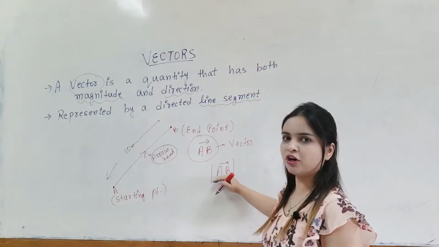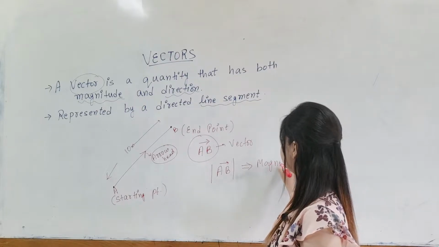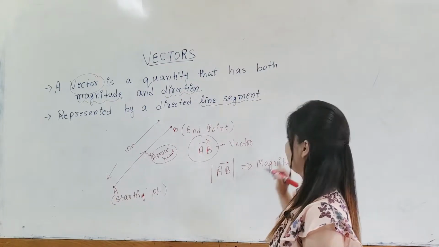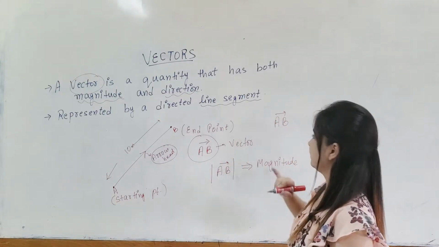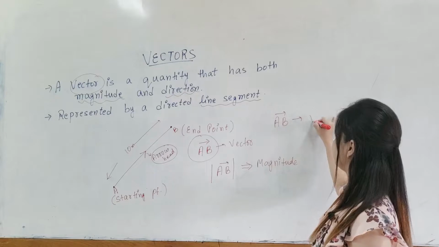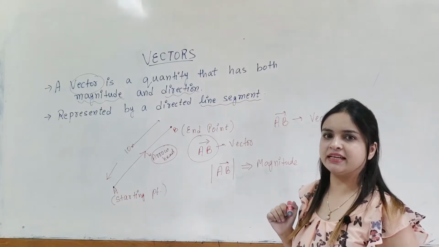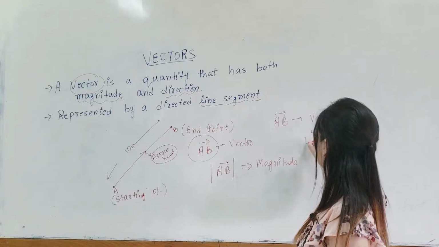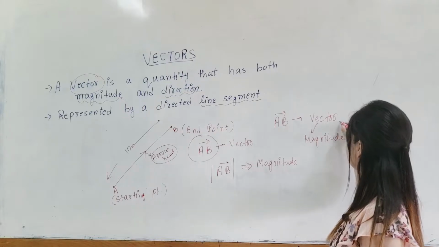This mod of vector AB gives the magnitude. But if I write AB with the arrow, this is a complete vector which has magnitude as well as direction.